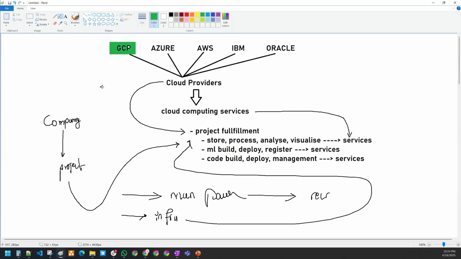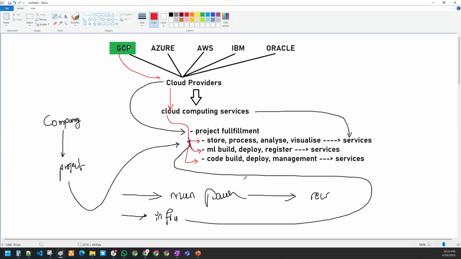Now the definition is very simple. Google Cloud Platform is one of the leading cloud providers, which provides the cloud computing services required for you to store the data, process the data, analyze the data, or build your application, scale your application, deploy your application and manage it. So this is what GCP is.